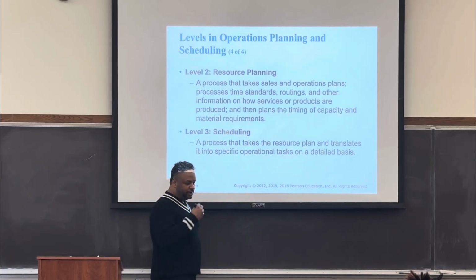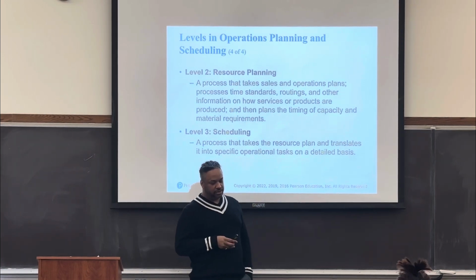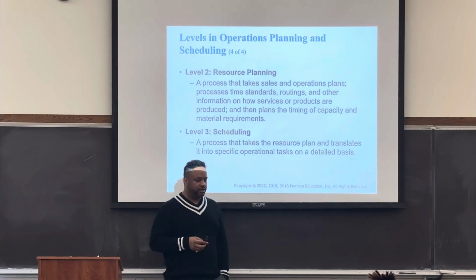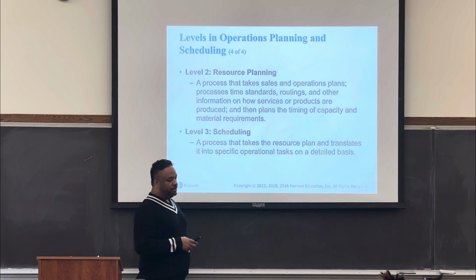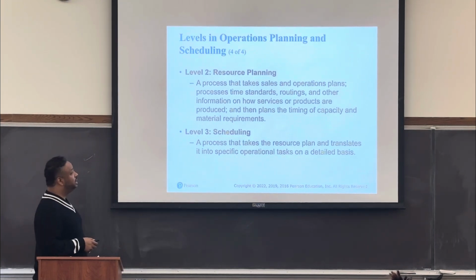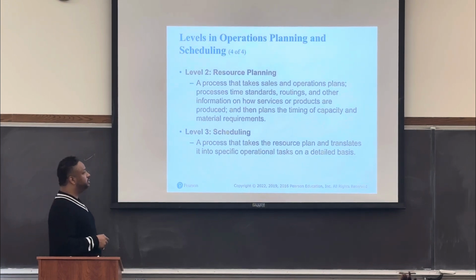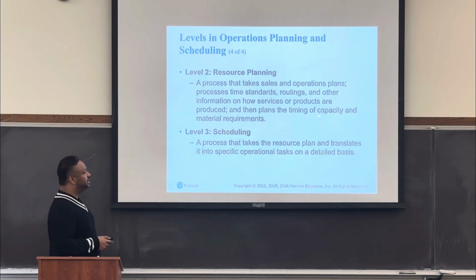All right, so resource planning, this is a process that takes sales and ops plans, process time standards, routings, and other information on how services or products are produced, and then plans the timing of capacity and materials requirements, right? So we're looking at the amount of time in routing, the amount of time in processing, how we move things together, how we process them so we're able to get them ready to be sold, and what the capacity and limitations are for things like that, including material.